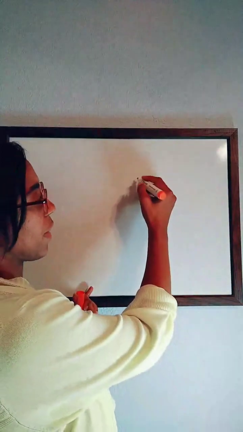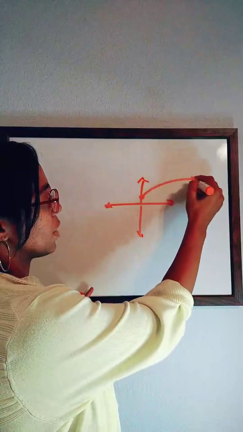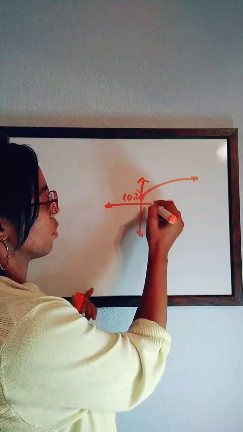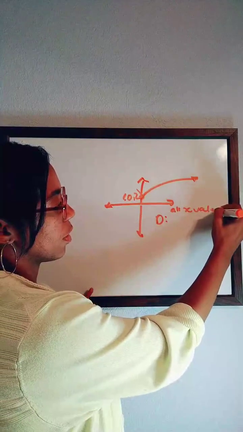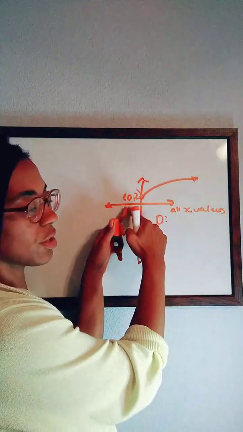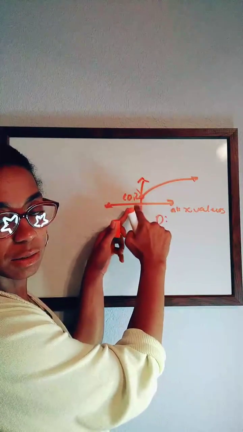How to find the x and the y, like of a graph or of a set of numbers? So you don't really graph the domain and range. Like for instance, real quick, let's say that you had a graph that went like this, and this was 0, 2. Your domain would be all of your x values, okay? Which means you're going to write down the numbers that the graph covers going horizontally, right?